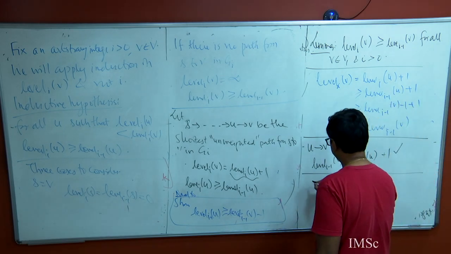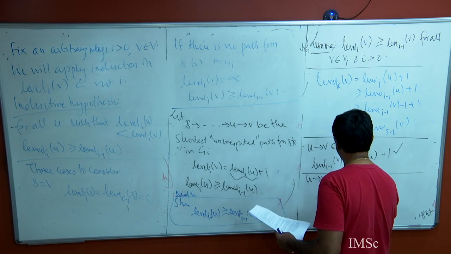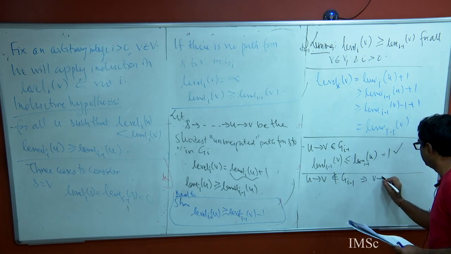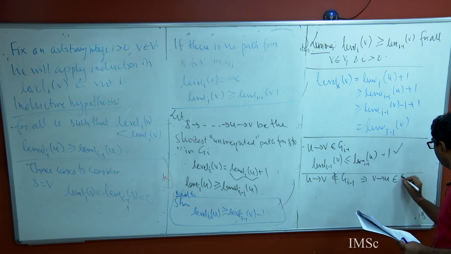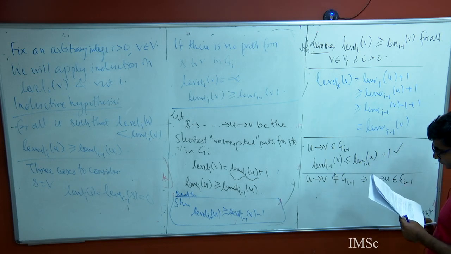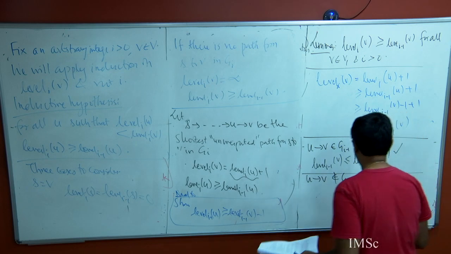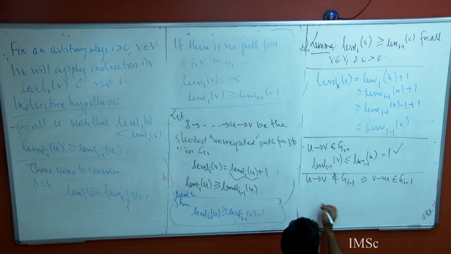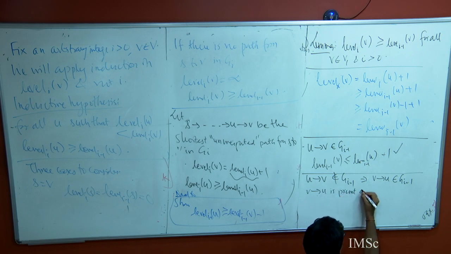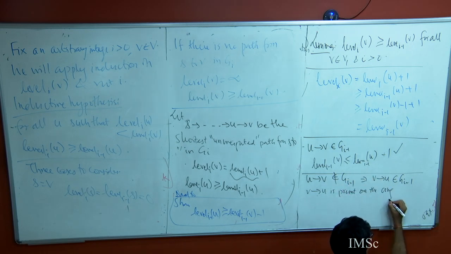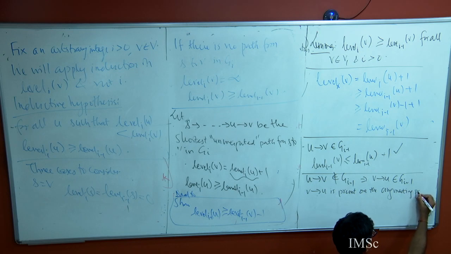Now UV is not an element of G_{i-1}. What is the meaning of that? That VU is present in G_i. This implies VU is present in G_{i-1}, and what more? VU is present on the augmenting path P, because otherwise it would not change.